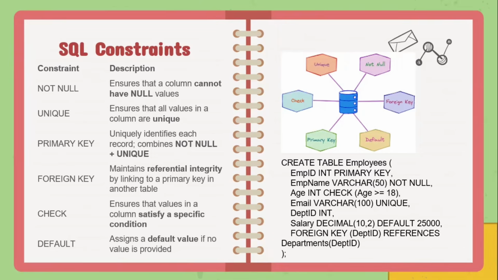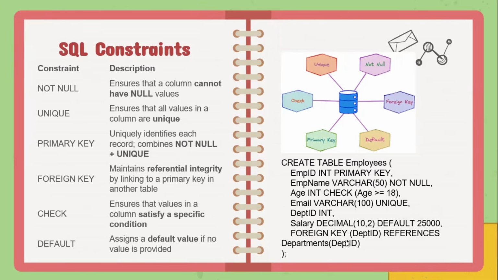Then email, each person's email should be unique. So we have written email varchar 100 unique. Then salary decimal 10,2 default 25,000. If for some persons the salary is not specified, then as a default value we can give them 25,000.